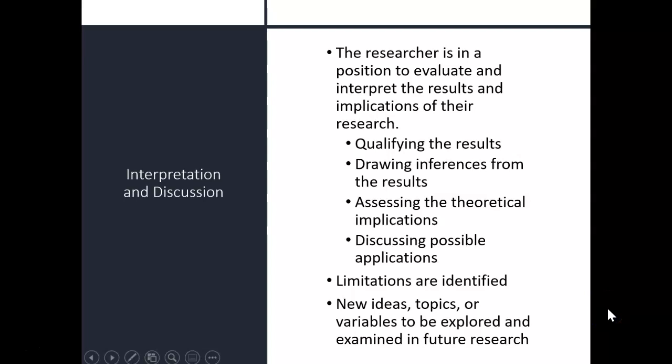We also, in our interpretations and discussions, are required to think about what's the next step, what are the unanswered questions, what are the things that need to continue to be studied. So maybe you study one population, and your findings need to be verified or tested with other populations in other contexts in order for us to have a firmer understanding of the nature of the variables.